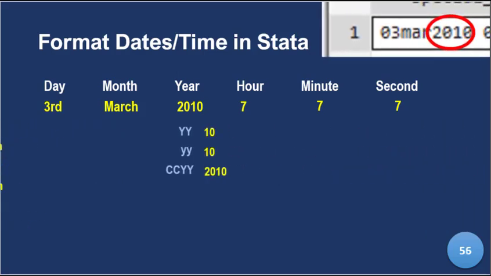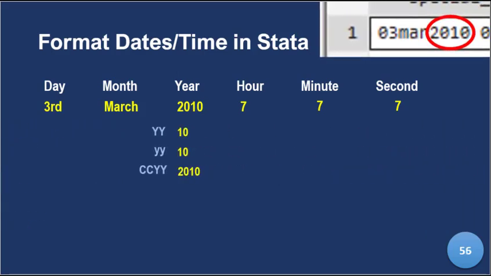Same thing for year. You can write YY, or yy in small letters. This may not be so useful because you don't have so much of a leading 0, except for years like 2003, 2004. But if you want to write the full year, that's when you write CC. That's the century, which comes right in front. That's how it is written.